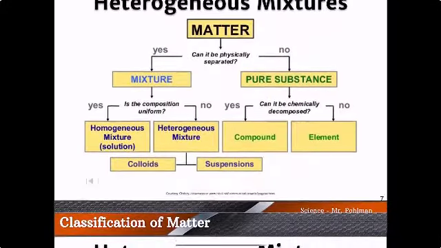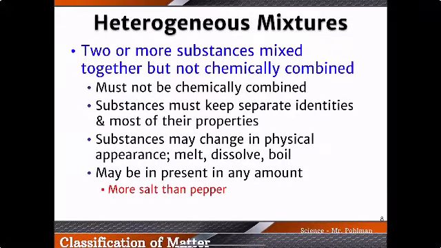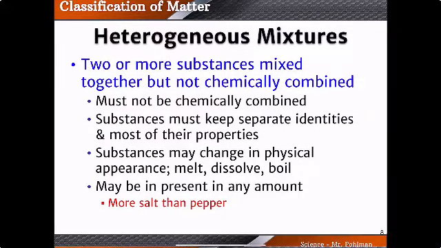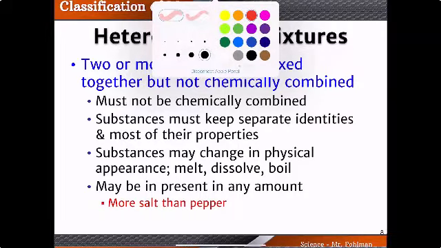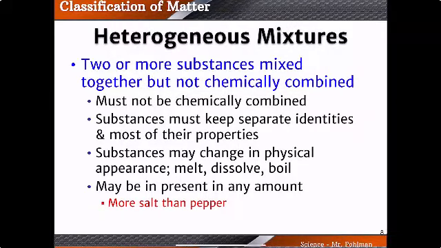So those heterogeneous mixtures, each one of those had two or more things that were mixed together, but the key here is that when these things are mixed together, you have to understand that they are not being chemically combined, all right?